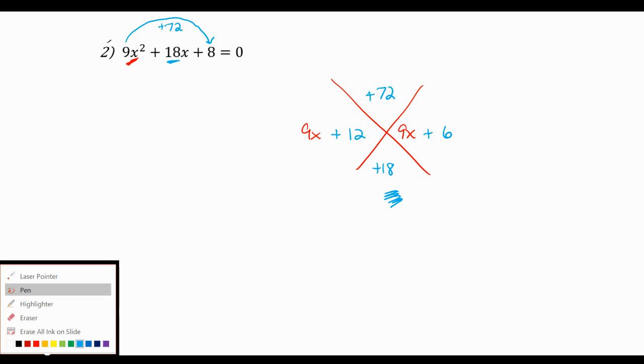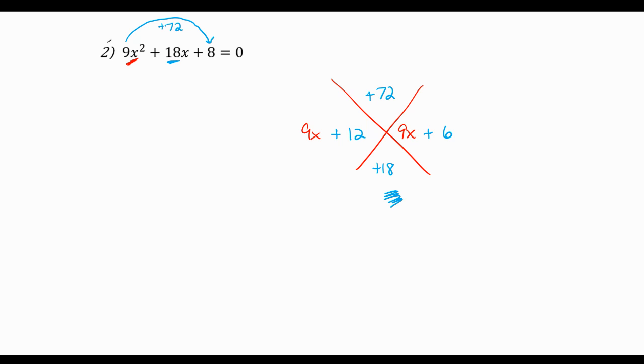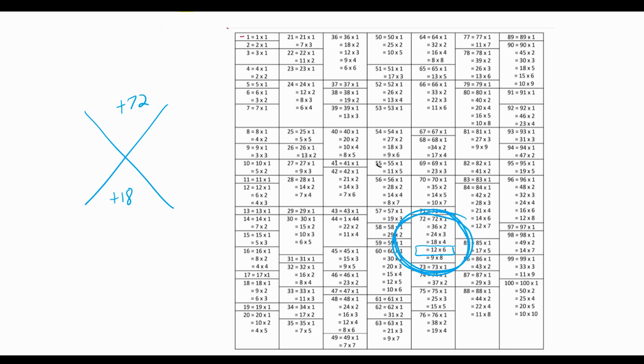Okay. So 12 and 6. That's why I'm just going to go one more time to this sheet. So you go to 72, because that's what's on top, what multiplies to 72, and adds or subtracts to 18. It's right there, 12 plus 6. This is such an easy sheet. You just really need to use it, okay?